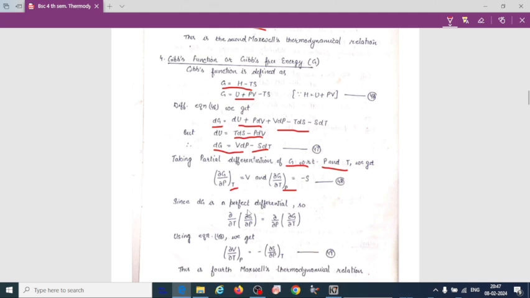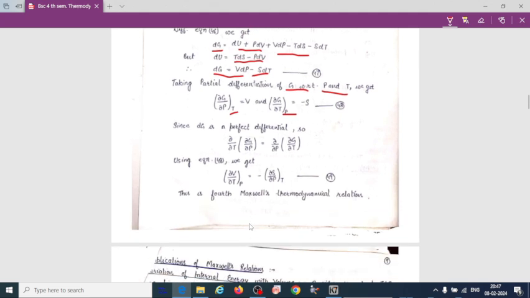Here dG is a perfect differential. Once we write these two equations, we get the fourth thermodynamic relation, that is dou V by dou T at constant pressure is equal to minus dou S by dou P at constant temperature. This is the fourth Maxwell's thermodynamic relation.